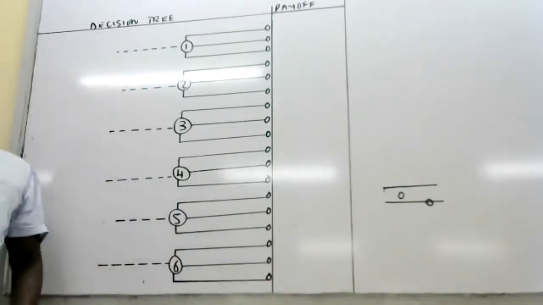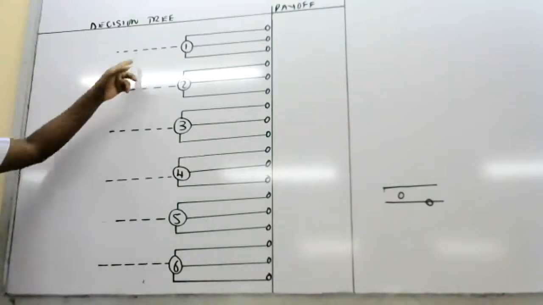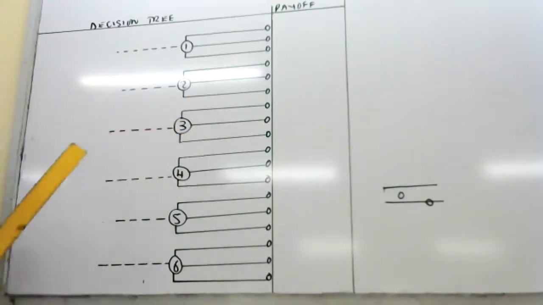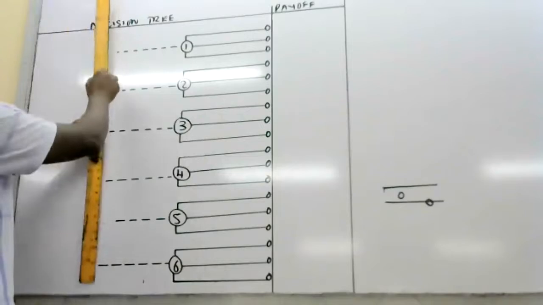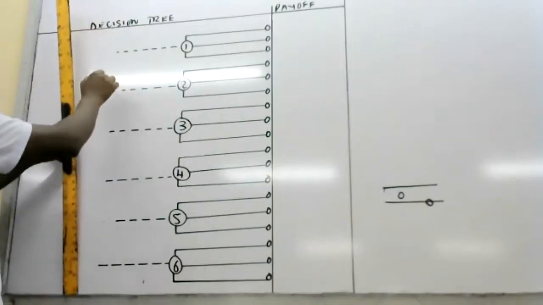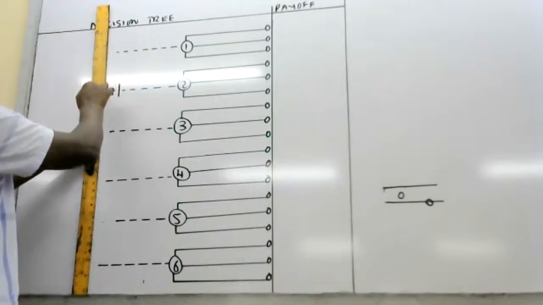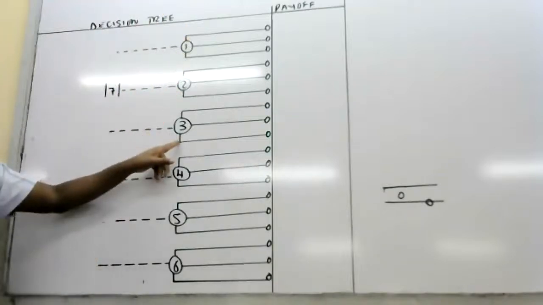Then make sure you can see the difference. You see now these lines are incomplete, and these ones are complete. So there's a difference. The other difference that you should notice is this one. This is number 7 here. Now here we use a square. You see the others were circles.